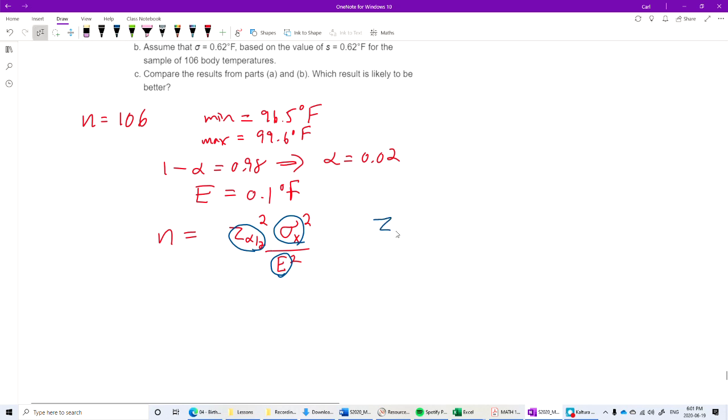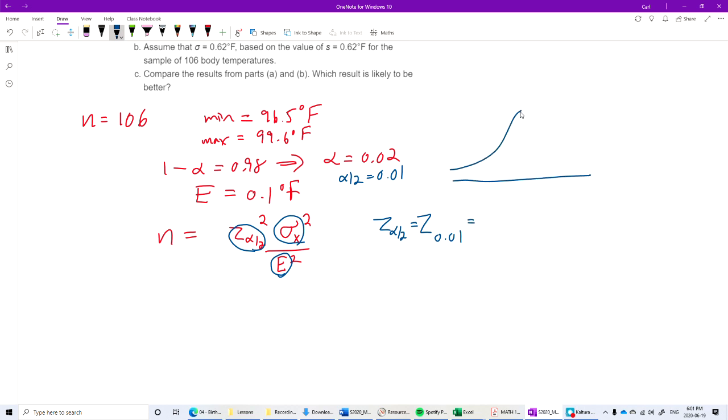So what is z alpha over 2? Alpha over 2 would be 0.01 here. And how do I find a critical z value? This is a standard normal, so I use norm.s.inverse of 0.01.